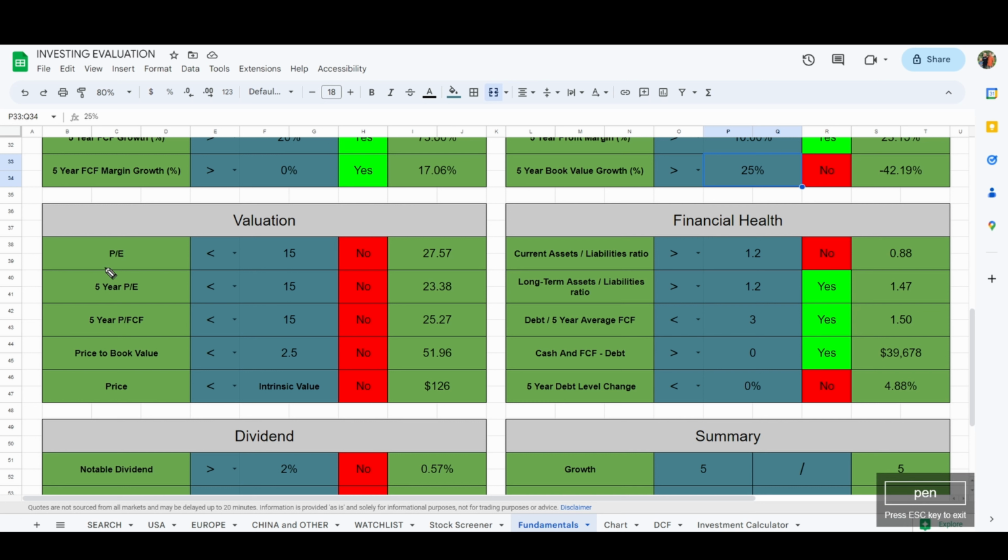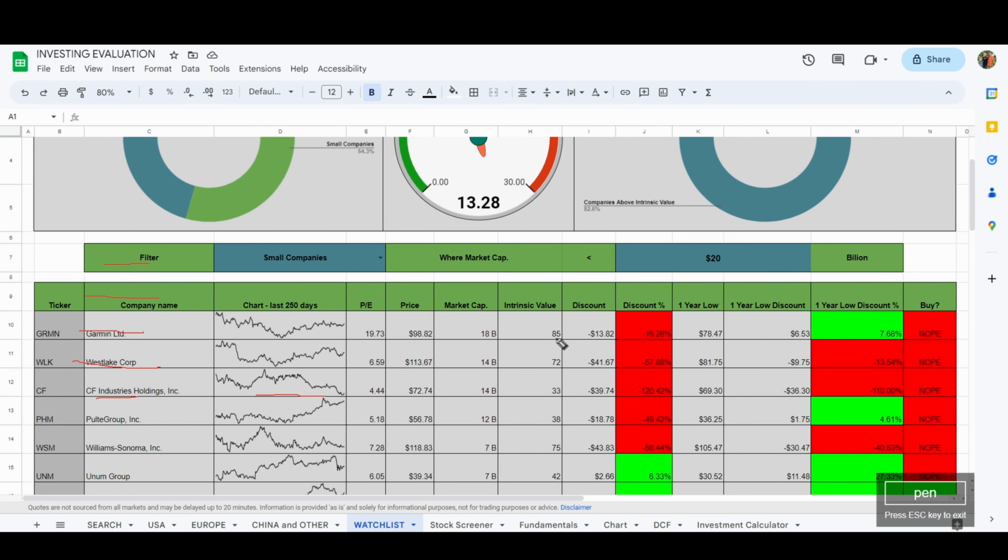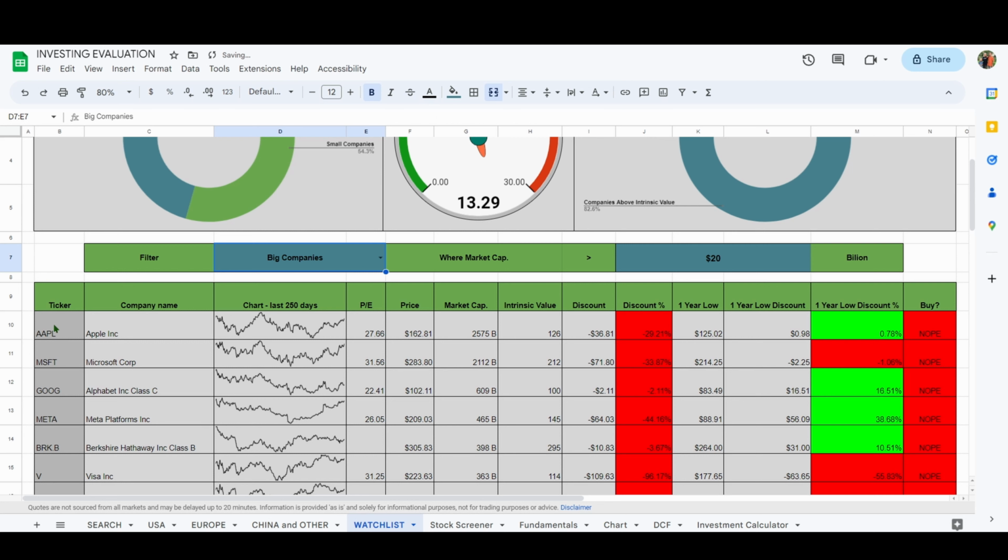Now these are valuation metrics. This is the price to earning metric. This is the 5-year price to earning, 5-year price to free cash flow, price to book value, and price to intrinsic value, which it will find from your watch list. So if you have anything in your watch list and calculate the intrinsic value, if I go to my big companies, you can see that Apple is the first one on my watch list.